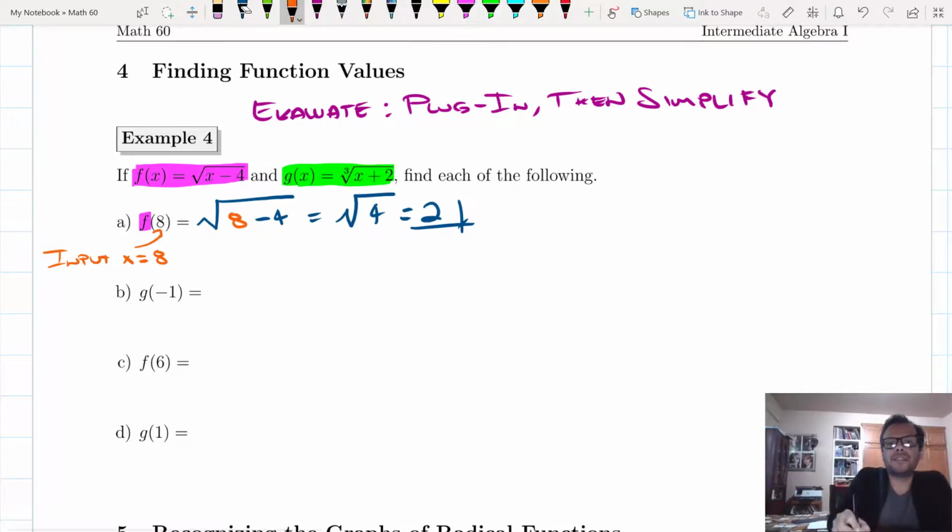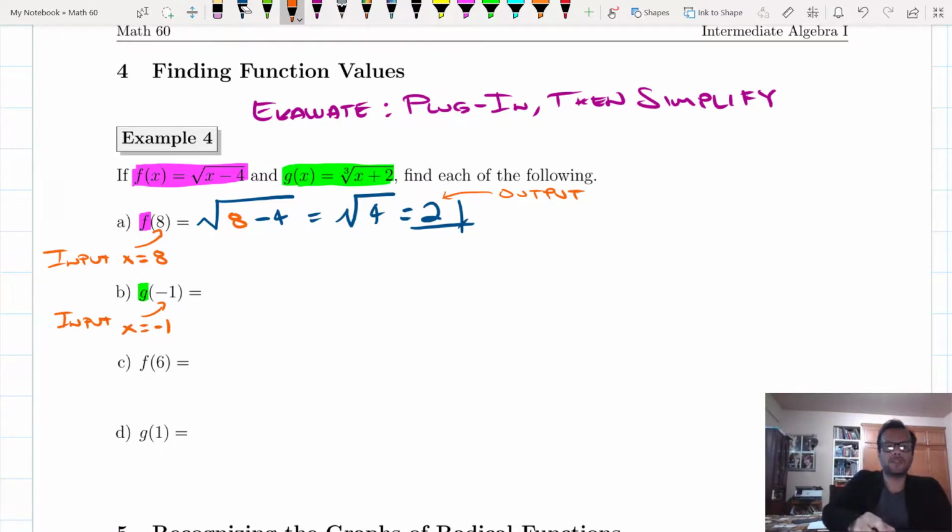And by the way, this is called the output. Remember input, output, our definitions back from functions, right? So let's do g of -1. In this case, they're asking us to plug in the green function, right? Okay, so in this case, the input is x equals -1.